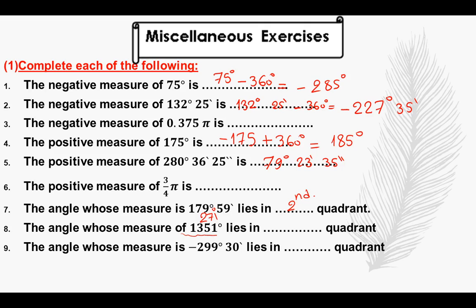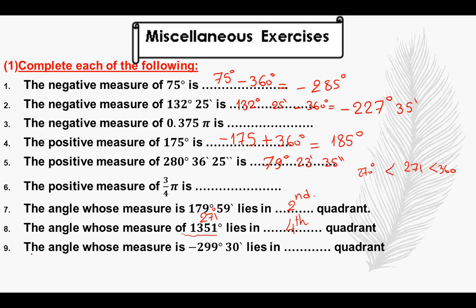No. This angle is greater than 270 and smaller than 360. Okay, 271 is bigger than 270 and smaller than 360. So this angle lies in the fourth quadrant. Very good.